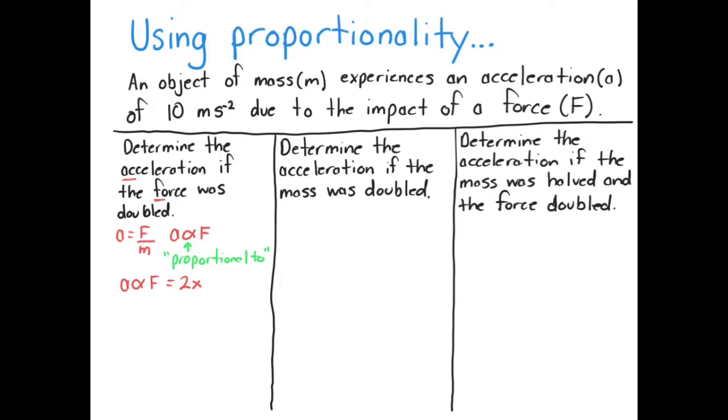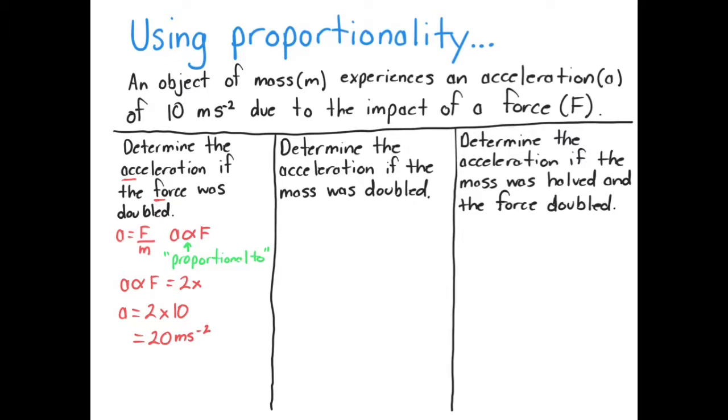Even though we don't in this question know what the force is or the mass is, because we know that the relationship is proportional, if we double force, then we must double acceleration. That's what it means to say something is proportional to. So the acceleration is equal to 2 times 10, which is equal to 20 meters per second per second.